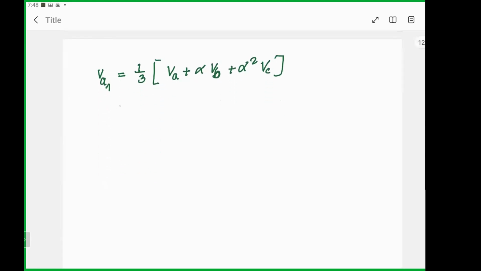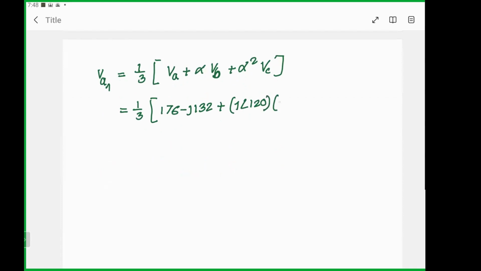So I will just plug the values. 1/3, VA is 176 minus j132, then plus 1 angle of 120, and VB.